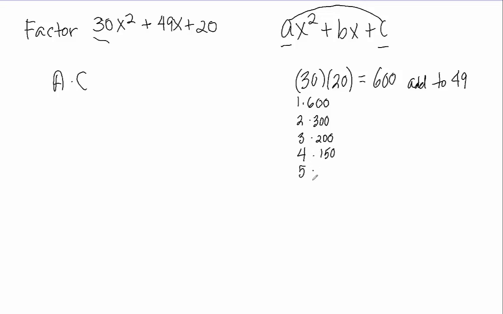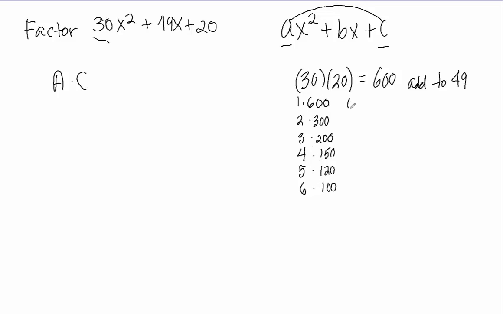5 times 120, 6 times 100. Now, if you notice, these all add up to numbers that are bigger than 49.